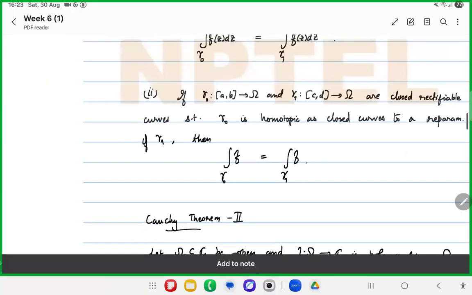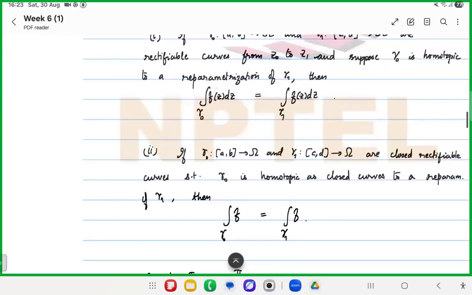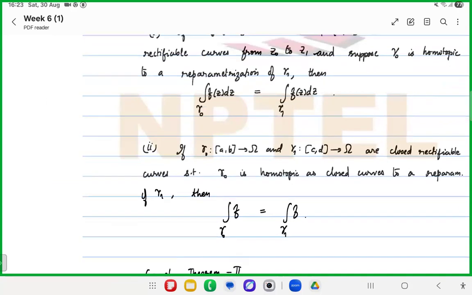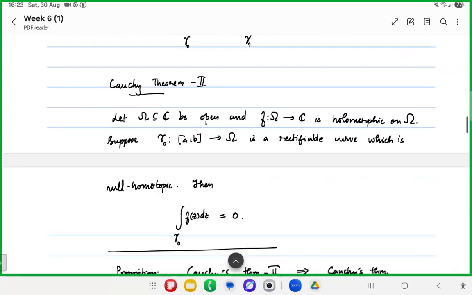So if it is a representation of gamma 1, then they are homotopic. The second one is more powerful. So when there is a representation, there we can use that part. So Cauchy theorem for the second thing.